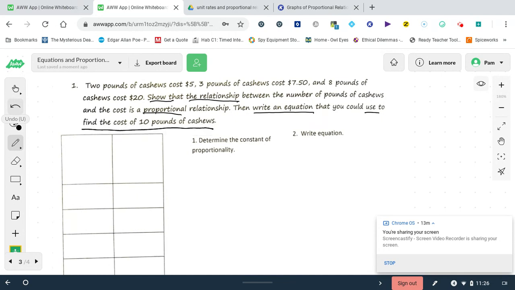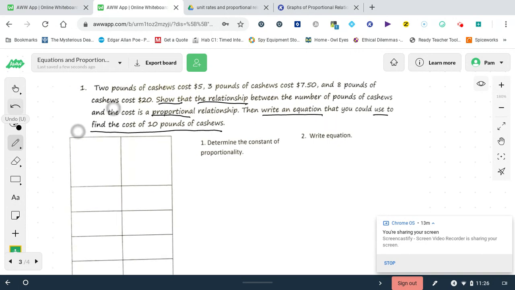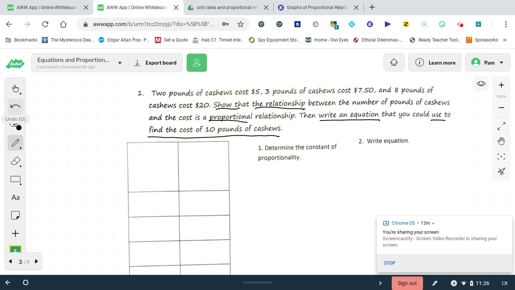All right, so first of all, I need my units because this table is blank. So I have 2 units. My 2 units are pounds. And what else is it talking about besides pounds?